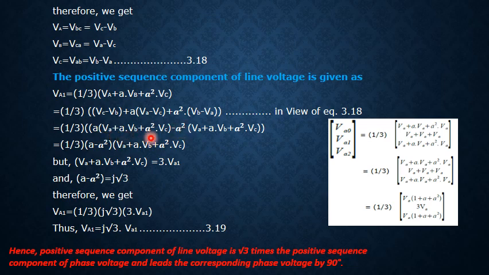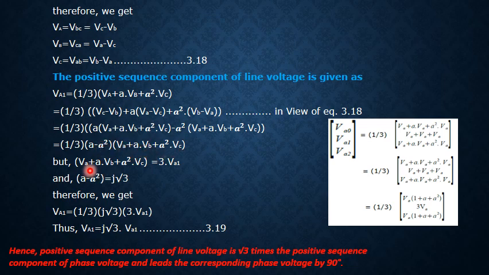If you do the further simplification, we get this equation. A minus A square, A minus A square: as both the terms have the same coefficient, we take out the common factor A minus A square. So you are going to get this term.